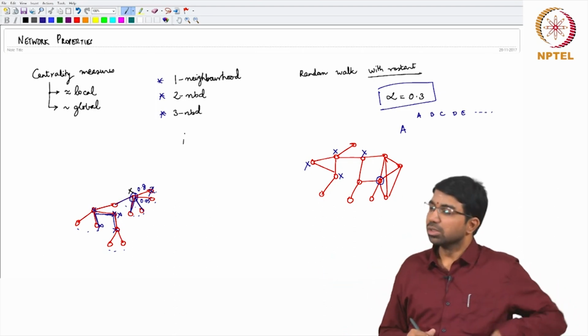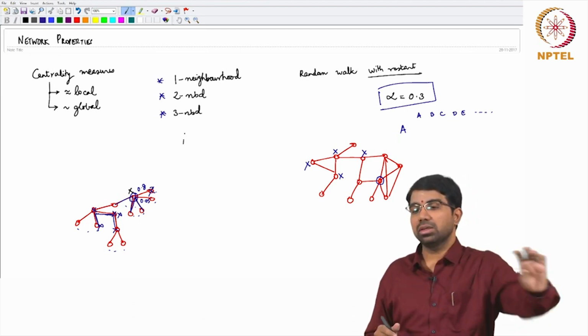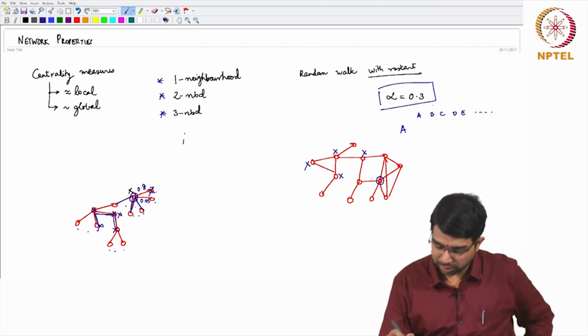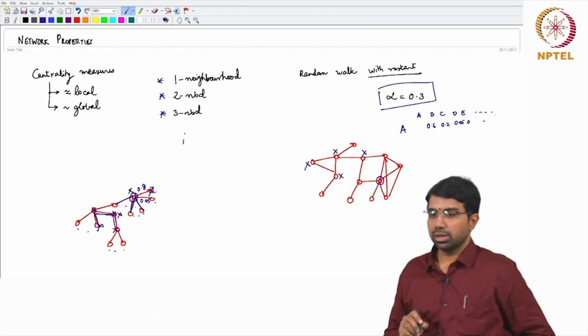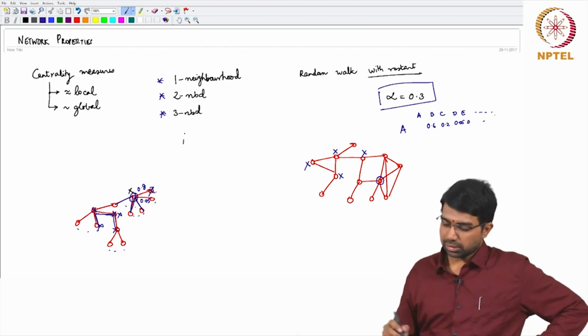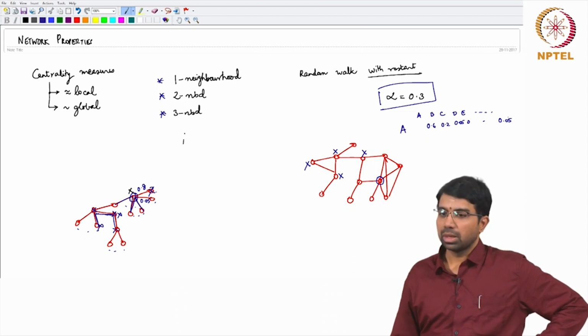So you essentially compute the stationary probability of visiting the neighbors. Maybe for this node you might find something like 0.6, 0.2, 0.05, 0, whatever; it should all add up to 1. There is something else, let us say another 0.05 somewhere.